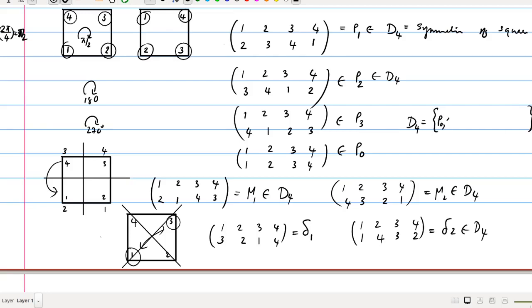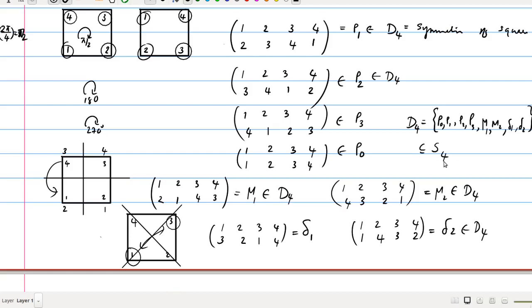Those elements are row 0, row 1, row 2, row 3, then mu1, mu2, then we have delta 1, delta 2. So these 8 elements form a group under the binary operation composition. Anyway, D4 is a subset of S4, because S4 consists of all permutations from a set of 4 symbols to itself.